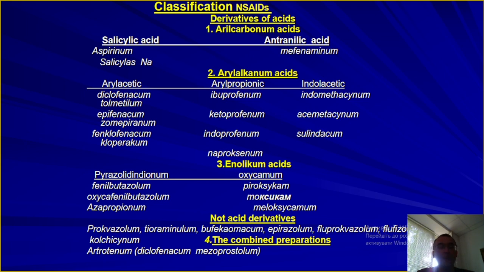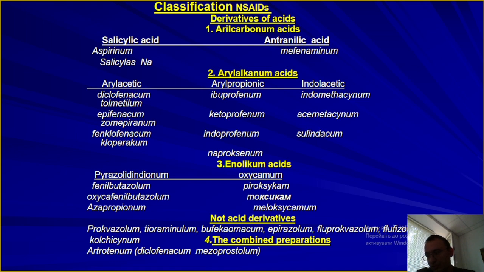So sometimes it works, but in most cases it works because we are changing the group, not because we are using the combination of non-steroids. And this approach has a very bad side effect.